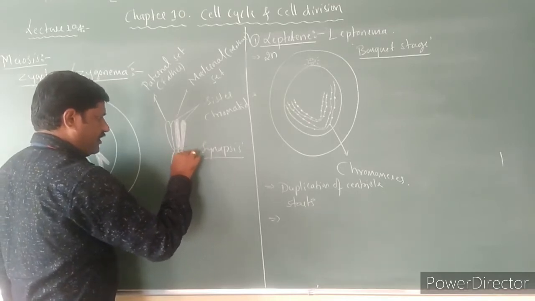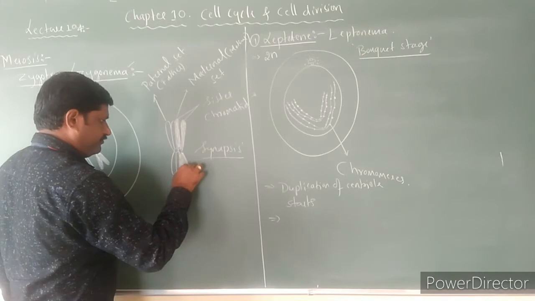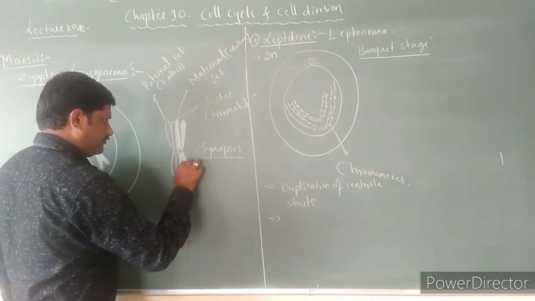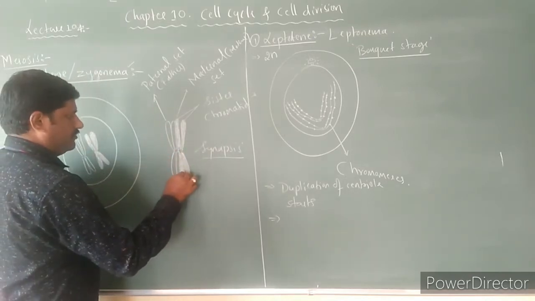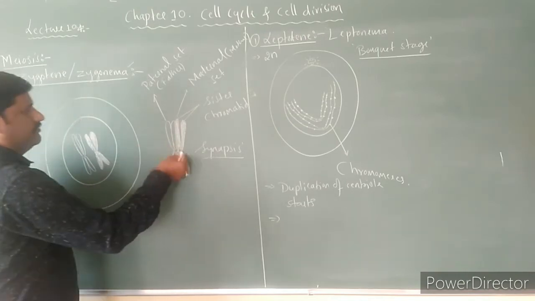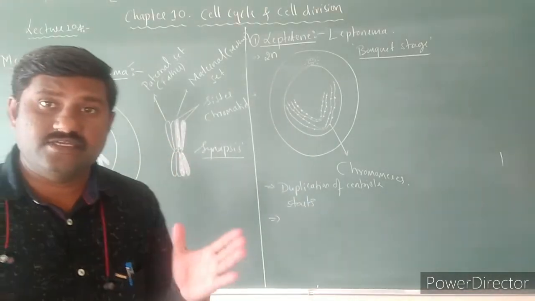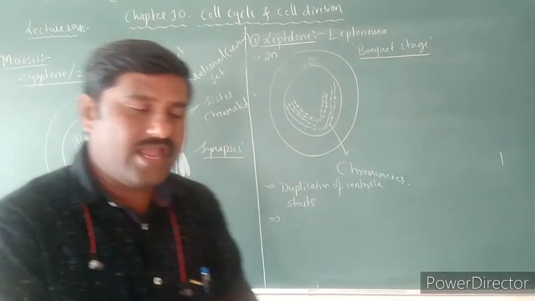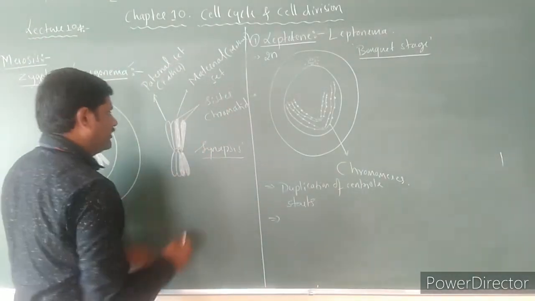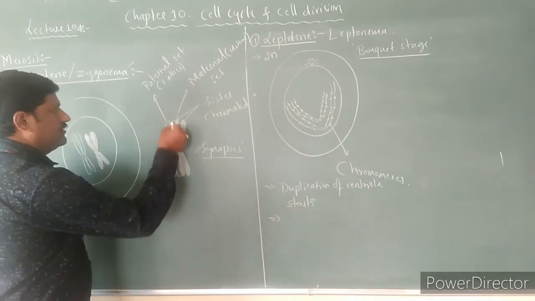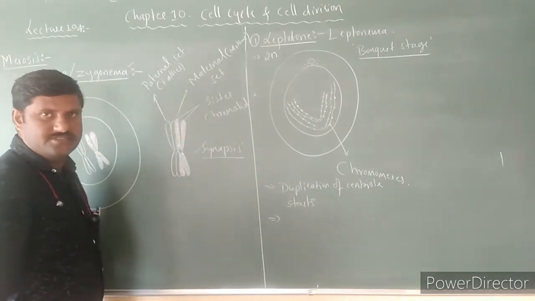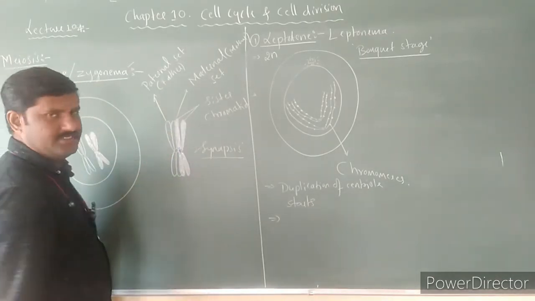See here, this is one chromosome, and this is another chromosome. Now you can understand what synapsis is. And within the chromatids, these chromosomes attach somewhere else. At some points they attach to each other.